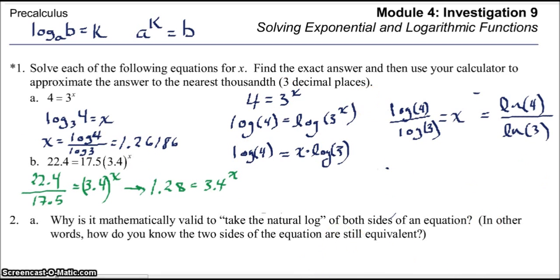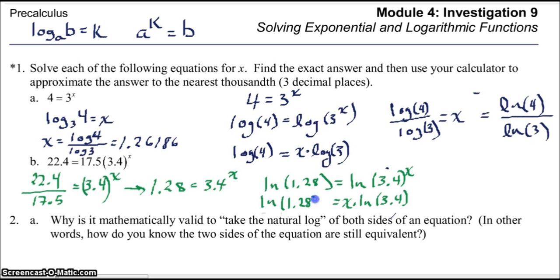So here you have a few options. You could take a log of both sides, like we could take the natural log of 1.28, and since these are equal, then natural log of 1.28 must be equal to natural log of 3.4 to the x. We could then bring our x down front. And then you could divide by natural log 3.4 to get x by itself.